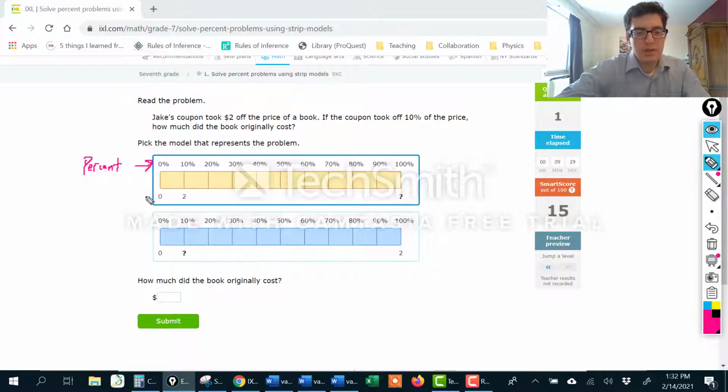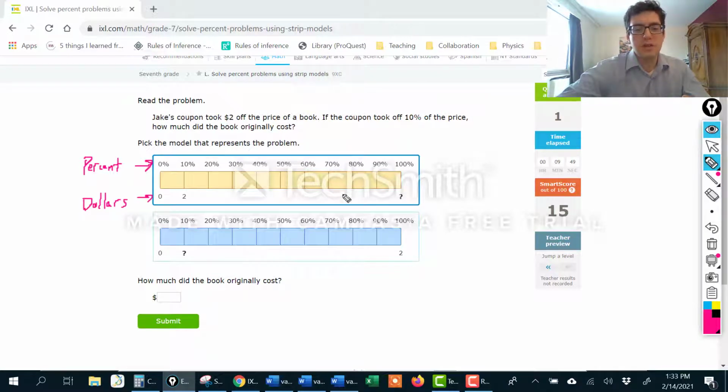All the percents are in the top here, and the price in dollars is on the bottom. So this model is telling us that $2 is 10% of the original price, the full price of the book.